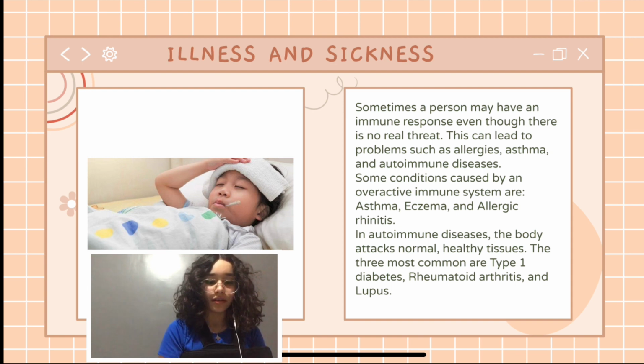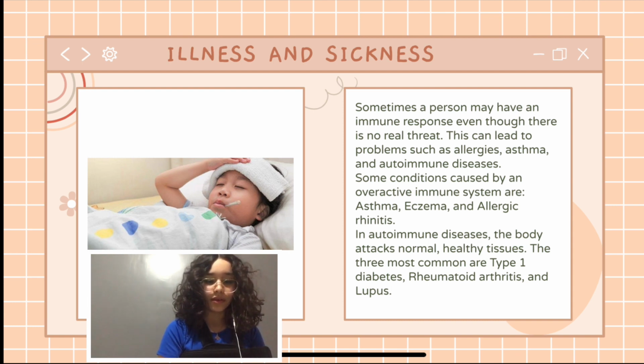Eczema: an allergen causes an itchy rash known as atopic dermatitis. Allergic rhinitis: sneezing, a runny nose, sniffling, and swelling of your nasal passages from indoor allergens like dust and pets or outdoor allergens like pollen or molds.